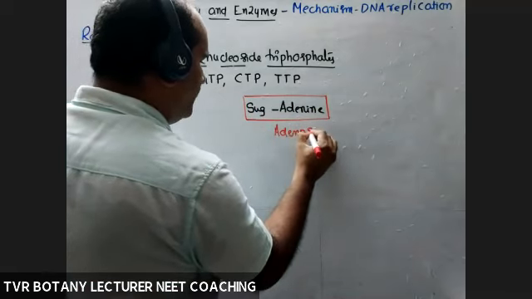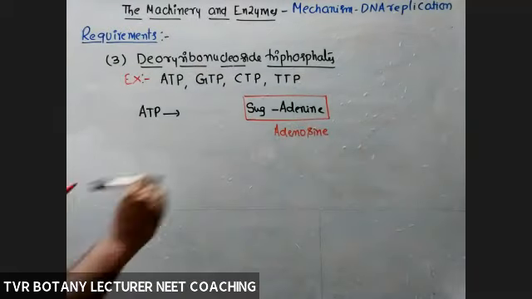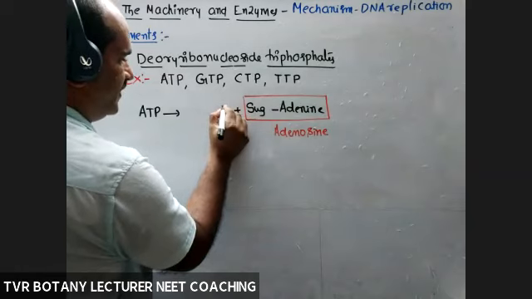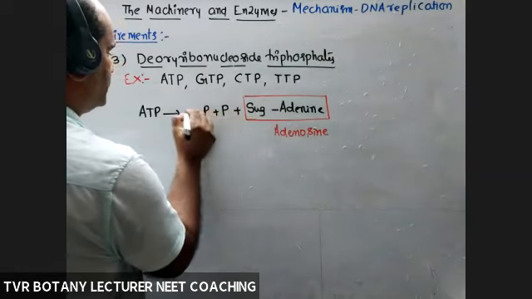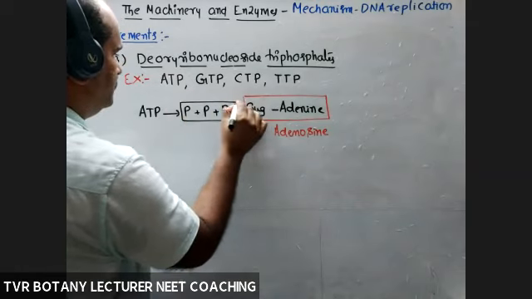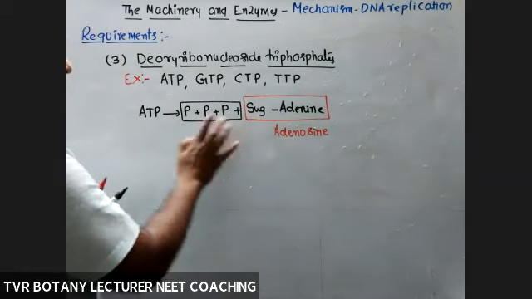So this is an adenosine nucleoside. With how many phosphates? Three phosphates. See, adenosine triphosphate.